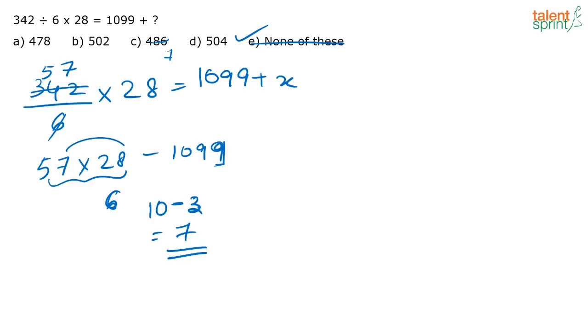For this particular question, the units digit is going to be 7, and there are no options which have the units digit as 7, so directly I can say the answer is none of these. Similarly, if only one option ended with 7, I needn't calculate further, I can directly take that option as the answer. I hope it is clear.